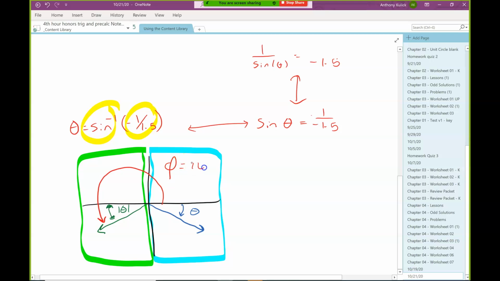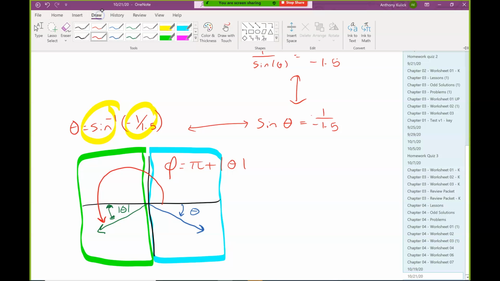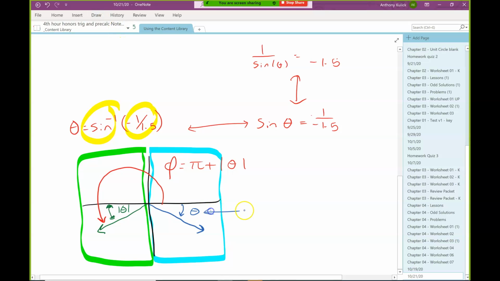And the relationship there is pi plus the absolute value of theta. Now, why did I have to worry about the absolute value of theta on this one and I didn't have to on the other one? Because the theta in this case was a negative angle. Lee, are you okay with what I did there?